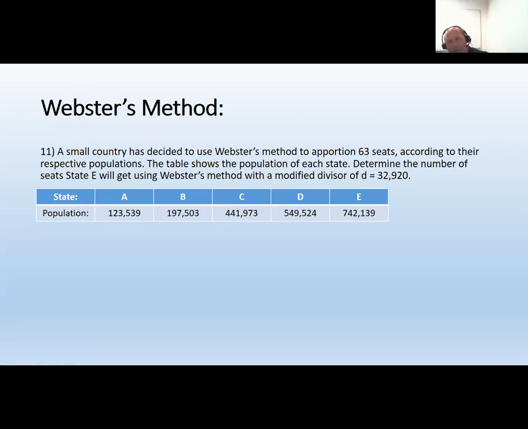I'm going to let you try this one on your own, but before you do that, which way do we round on Webster's method? Normal rounding. That's exactly right. Round normally.